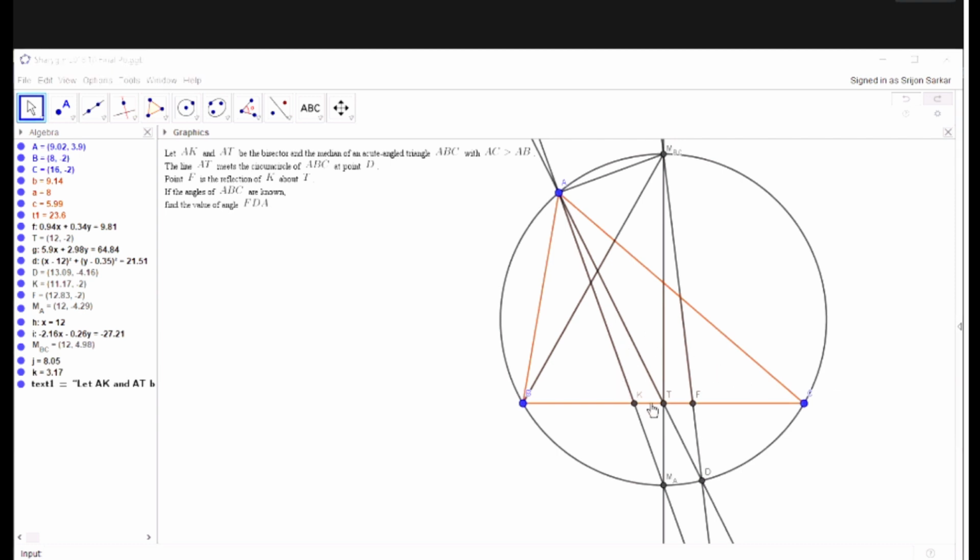Now the fact is, T was the midpoint of BC, and T will be the midpoint of KF as well. This is the butterfly theorem. All the other things I told, like these two chords passing through T and marking the intersections K and F, are the conditions.